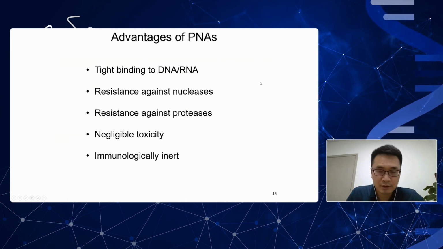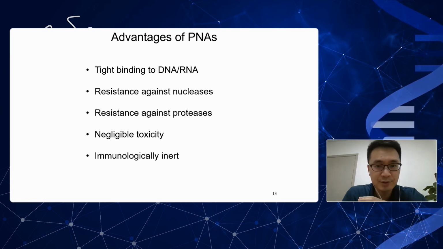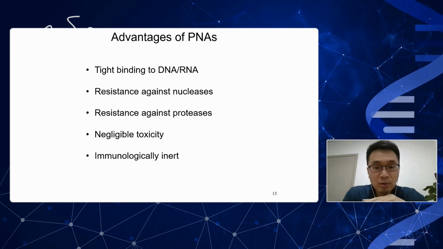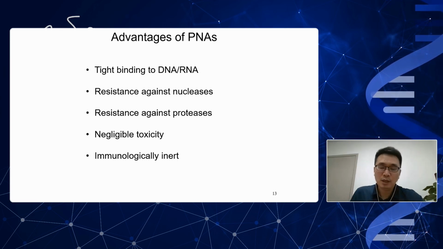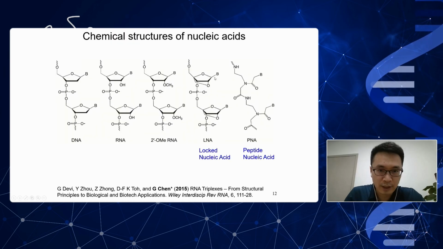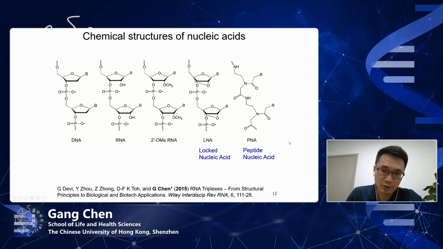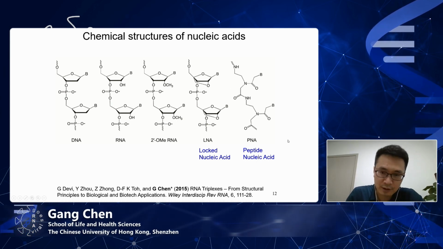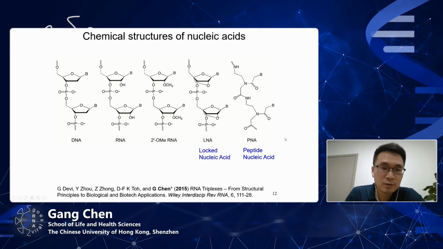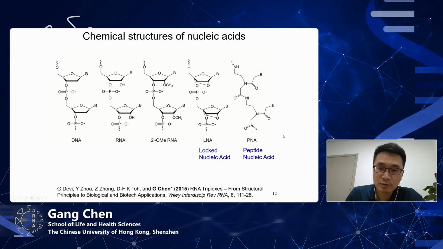Of course, PNA also has many other advantages compared to normal sugar phosphate-based oligonucleotides. For example, it doesn't have any sugar phosphates, so it is neutral, as you can see in the structure here. Another is that this molecule is not a natural unmodified nucleic acid, and it's not a natural peptide.